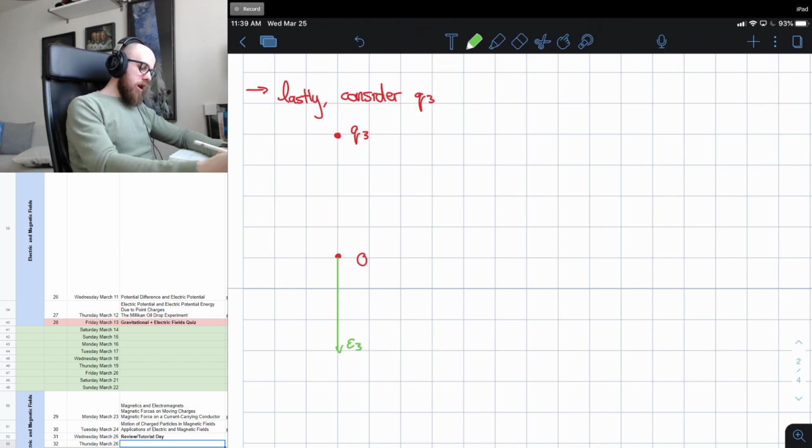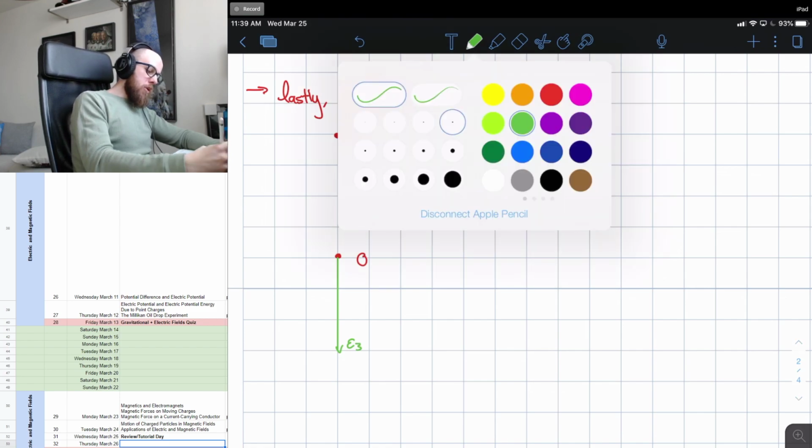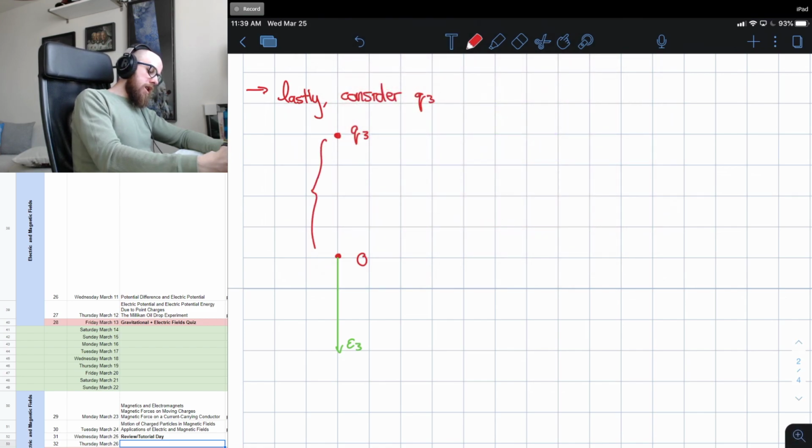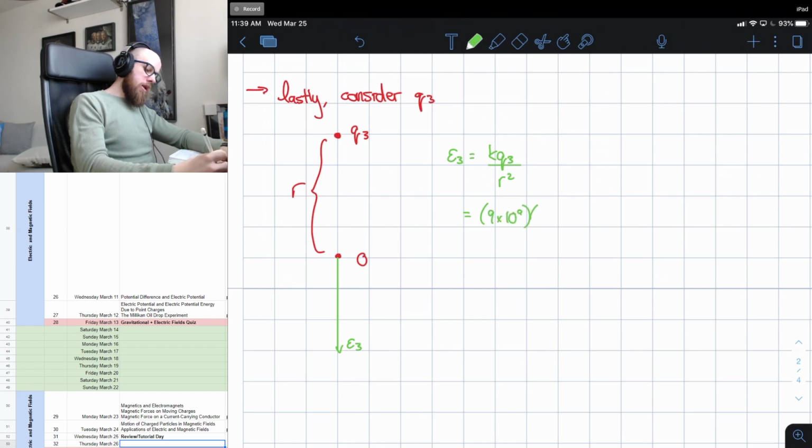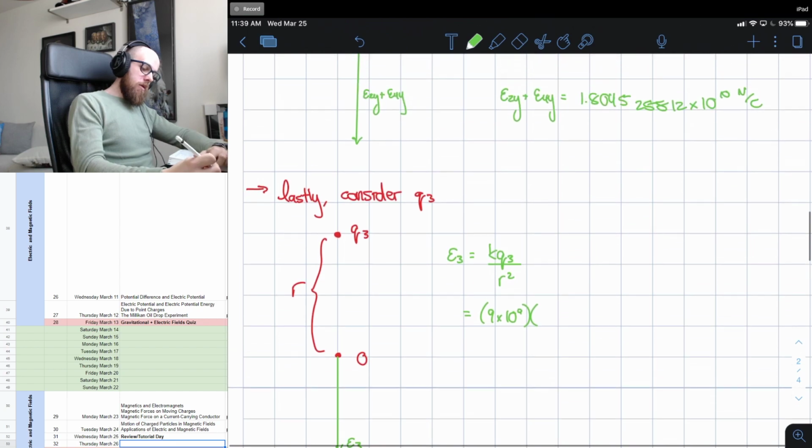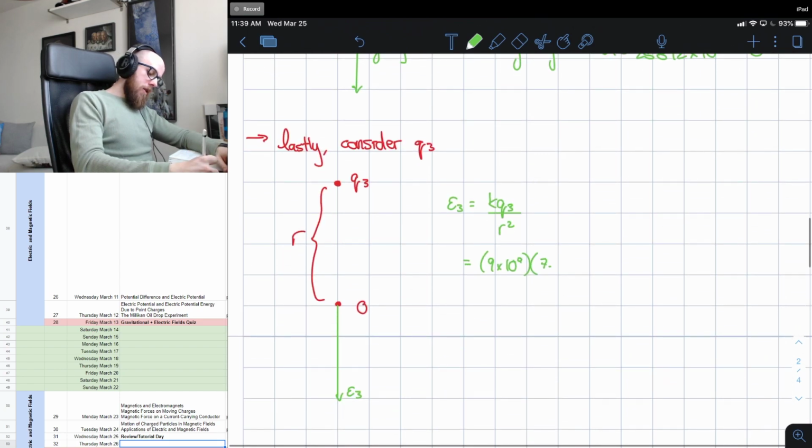And so let's calculate what E3 is. So I know the distance between the point charge and the origin. That is R, all right? And so E3 is equal to K Q3 over R squared. So that's 9 times 10 to the 9 times Q3, which is equal to, what was it, 7.5 over 2.3 squared.